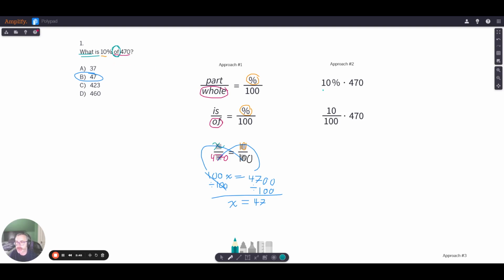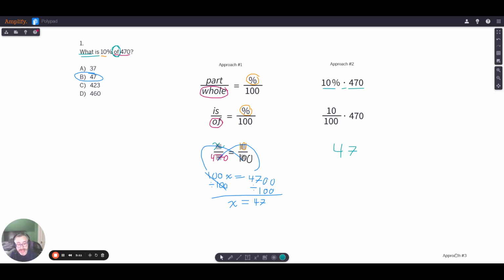That is just asking what is 10% times 470. We may also know that percentage could be translated as over 100. So 10% means 10 over 100. So this question is asking us to calculate 10 over 100 times 470. I could type that into a calculator and once again get 47.